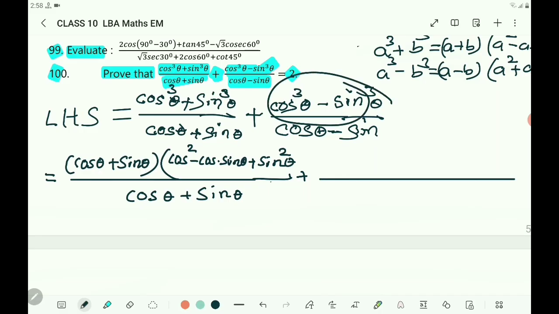write the factors of cos cube minus sin cube. First factor is cos theta minus sin theta, and the second factor is cos square theta.